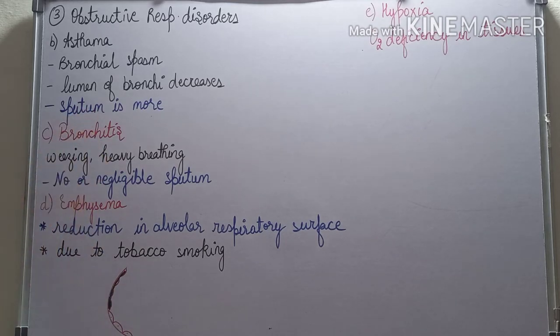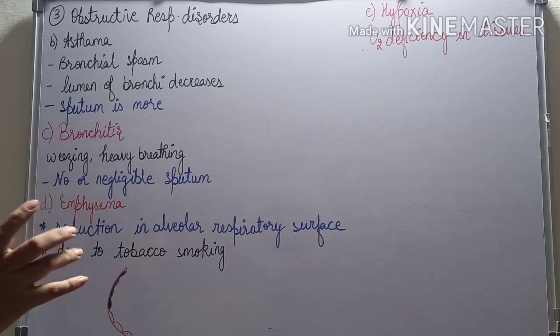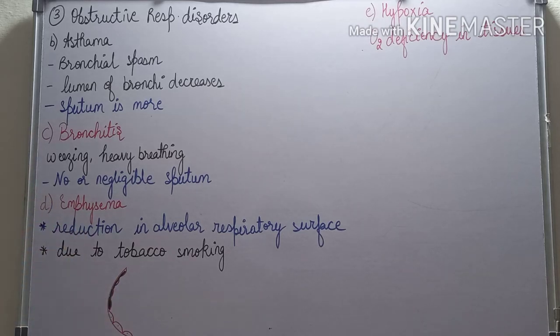What is sputum? Basically, it is our saliva. Saliva is also known as the sputum. So sputum is more, as well as due to this bronchial spasm or decreasing of the lumen of bronchi, the person feels difficulty in breathing.